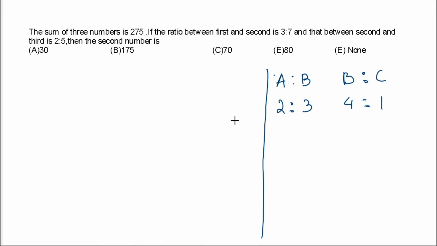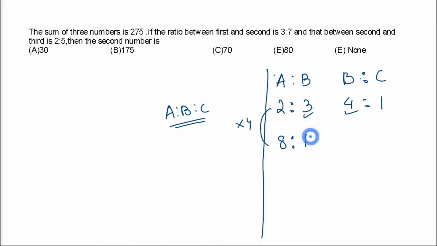So now my intention is to find the ratio between A, B and C. Then how we are going to calculate is that, look here, what is the value of B here? 3. And what is the value of B here? 4. But this B is the same value, so what we are going to do is multiply here by 4, right? Why are we multiplying by 4?